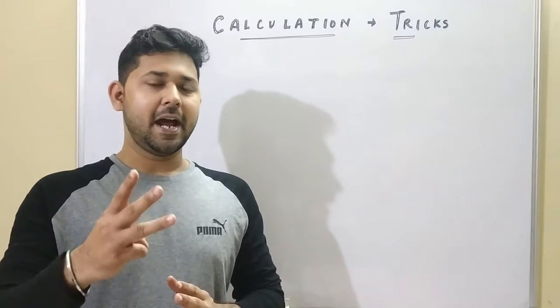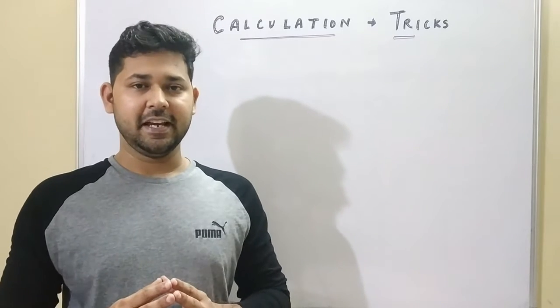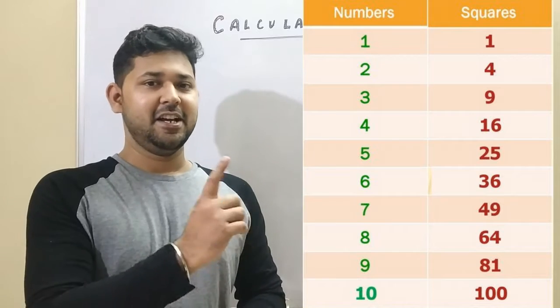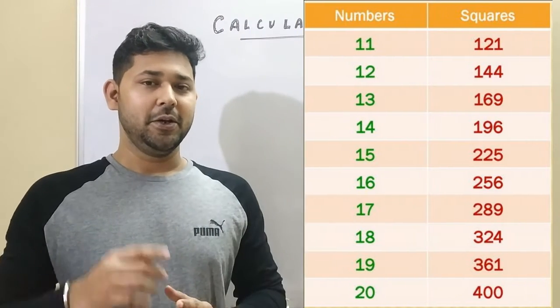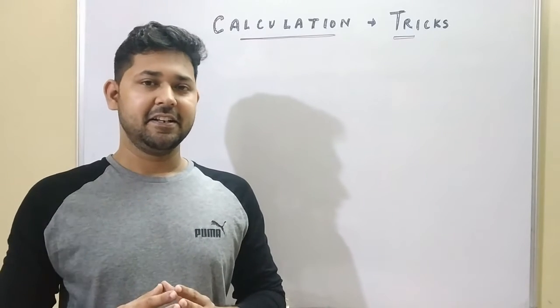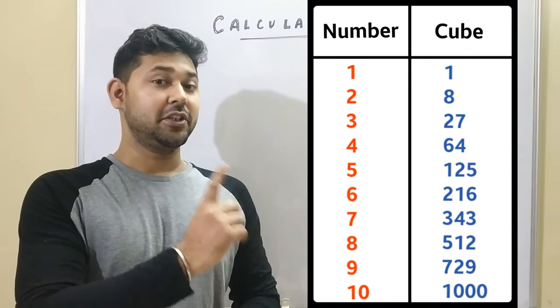You must be good at three things. The first thing is the squares of numbers 1 to 20. You can see over here, you must be good at it. The second thing is the cubes of numbers 1 to 10.